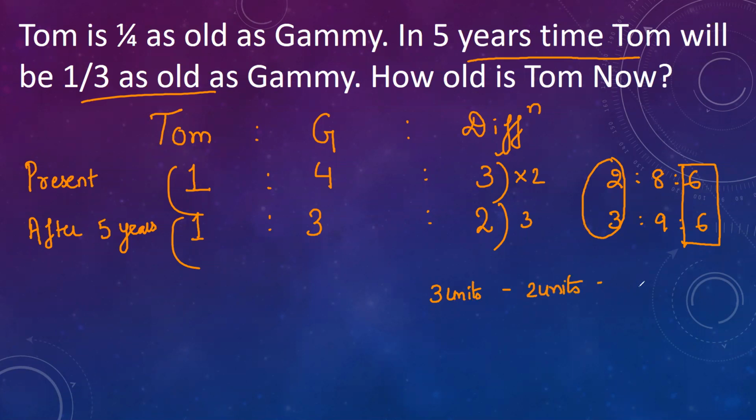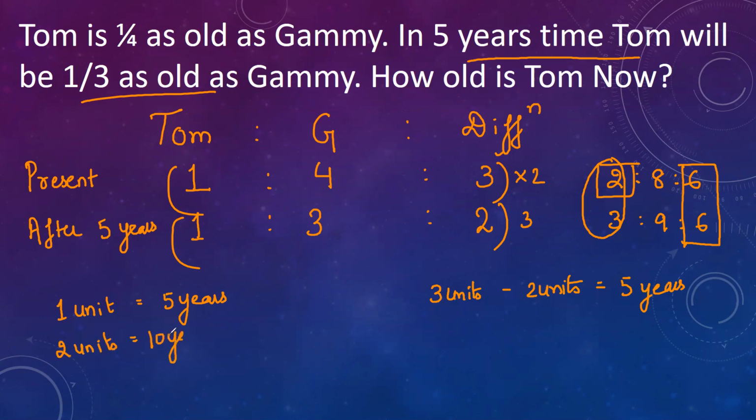How much time has it taken to make the difference in the ratio? 5 years. So 1 unit equals 5 years. Now they are asking how old Tom is now. How many units? 2 units. So 2 units will be 10 years. Just that, and we are done with our answer.